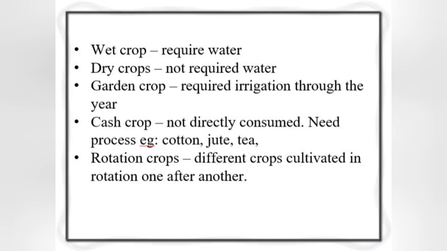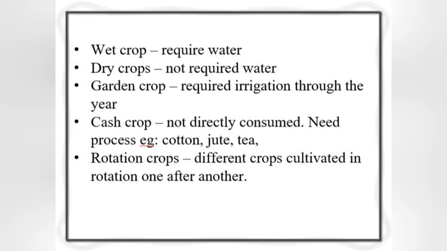When we consider the summer crop, that is the Kharif crops, examples are rice, maize, cotton, tobacco and groundnut, and they fall in the period of April to September.